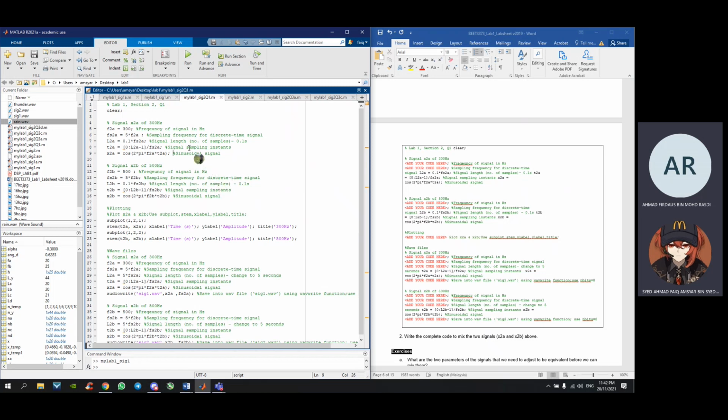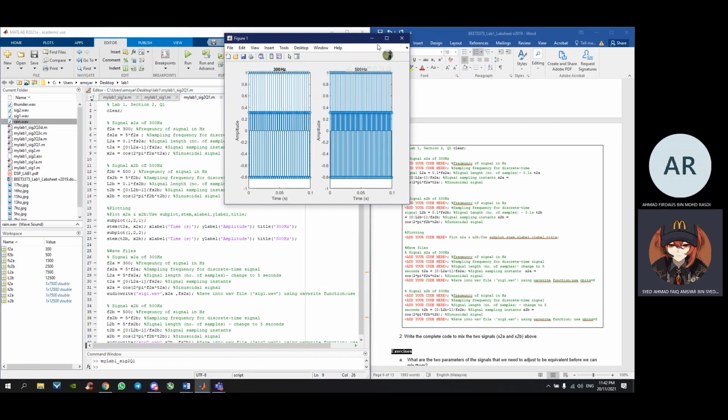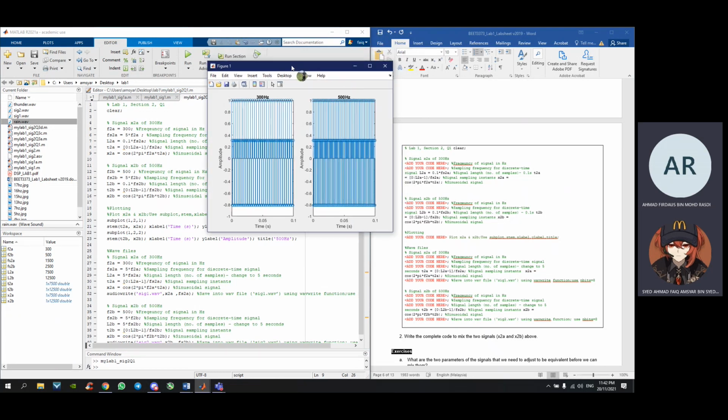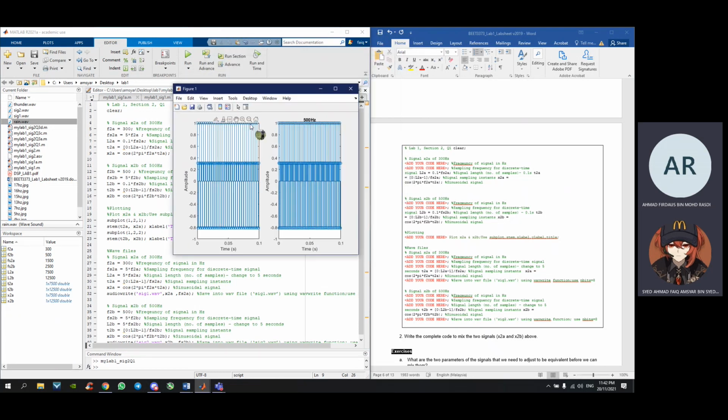Basically the signal for X2A is 300 Hertz, and for X2B is 500 Hertz. Then we run. This is the output that we got. The left is the 300 Hertz, and on the right is the 500 Hertz. As you can see, when the frequency is increased, the distance between two samples is tighter.